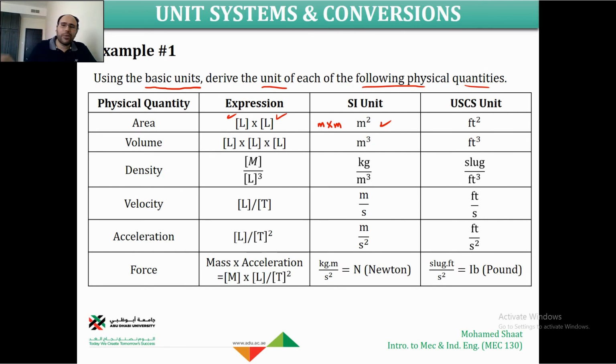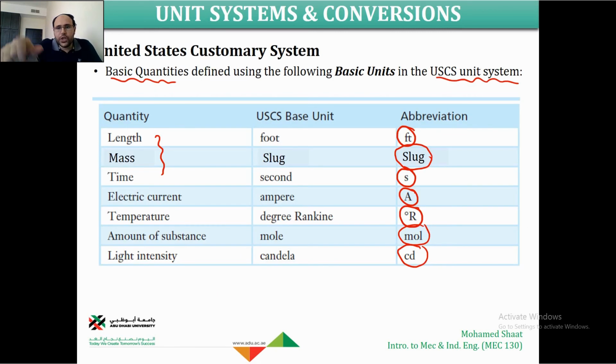Make sense? How about the American system? We said that the area can be broken down into length times length, the multiplication of two lengths, right? This is for the area. So go to this table for the US system.